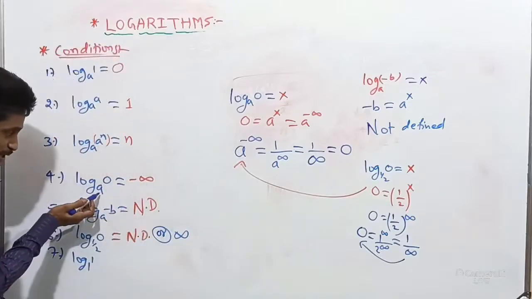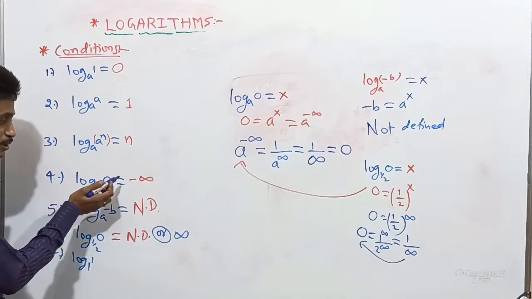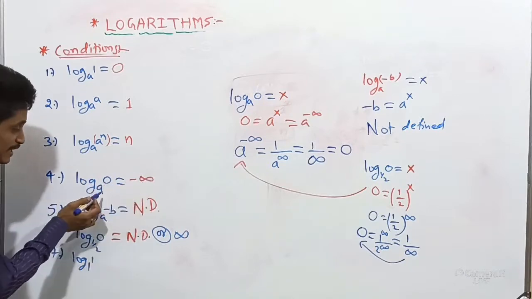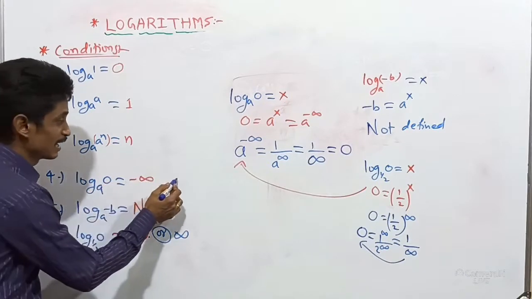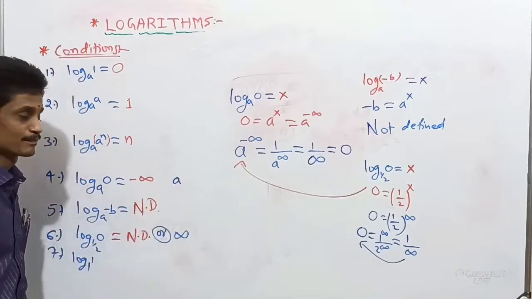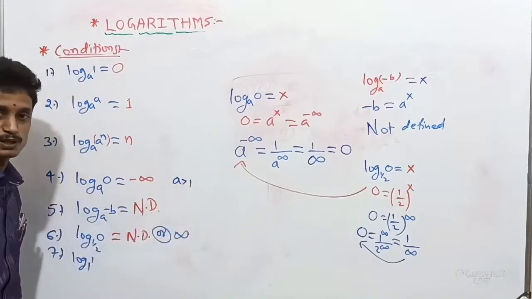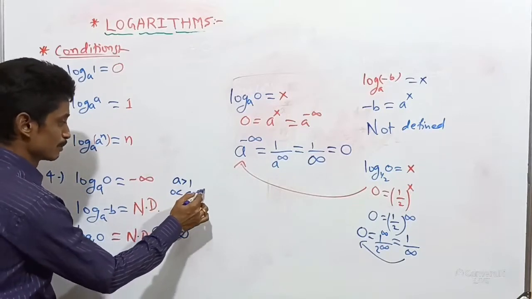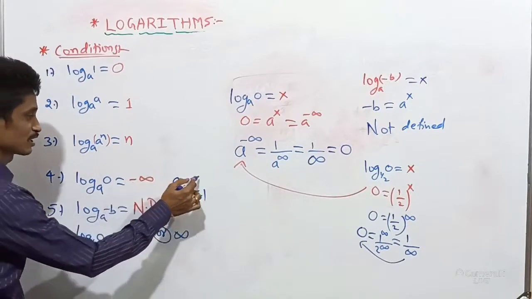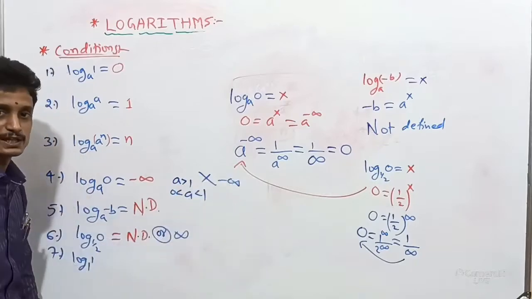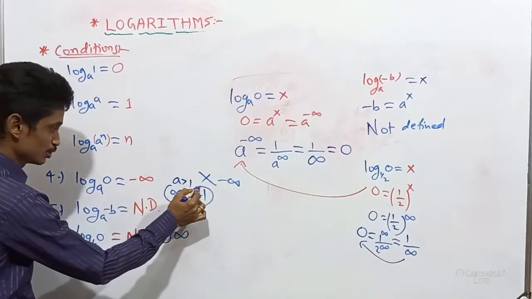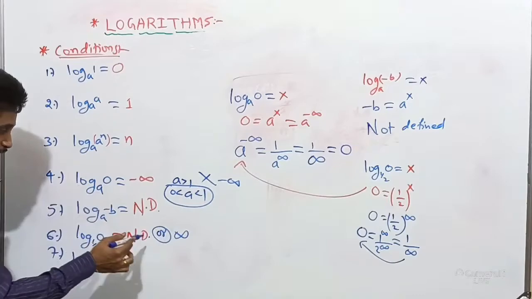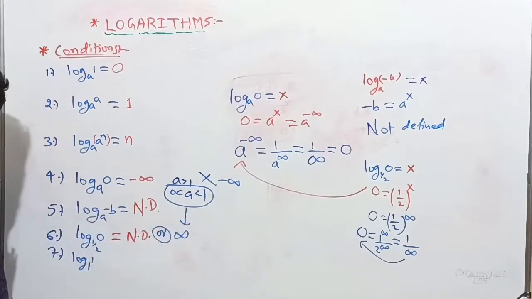So one more case you get here: log of 0 equal to minus infinity to some base a means a should always be greater than 1. But if a is greater than 0 but less than 1, your answer can never be minus infinity. When a is between 0 and 1, the answer will be plus infinity.